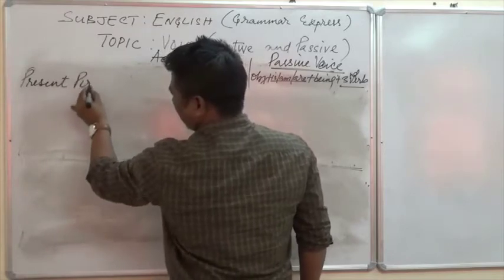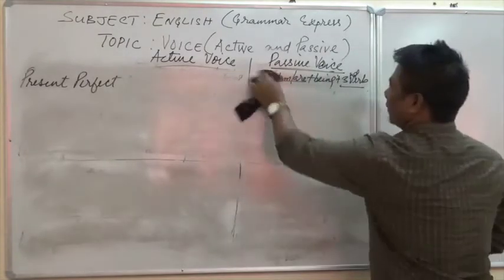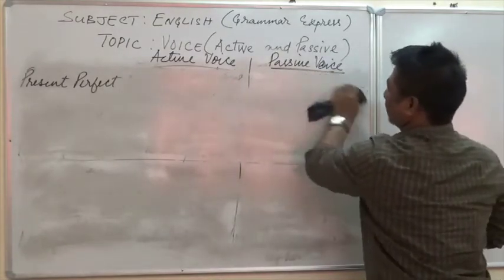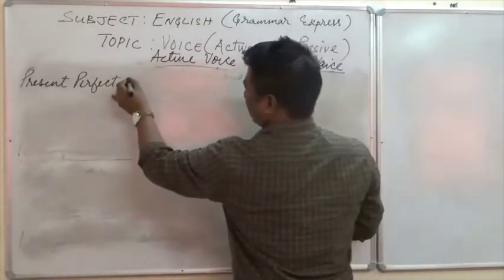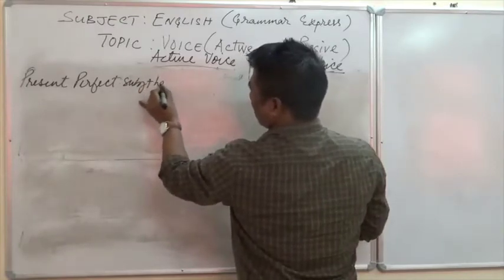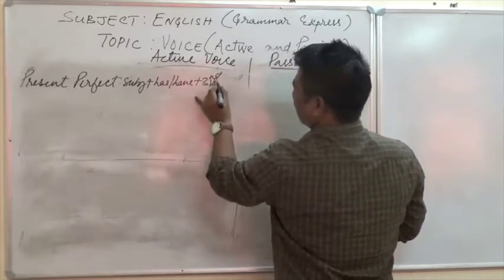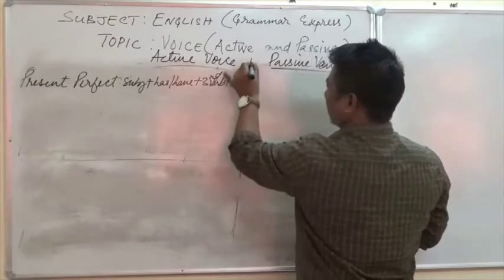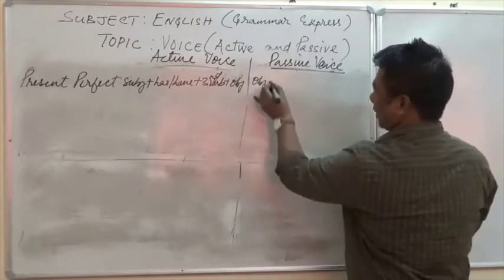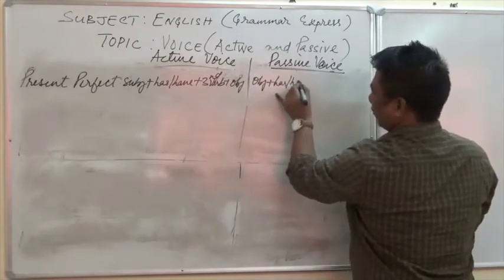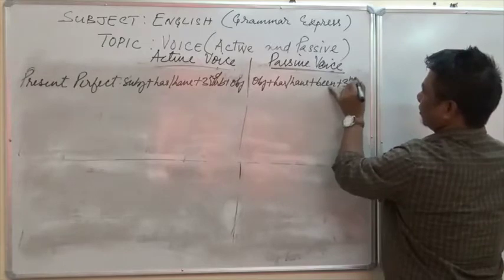The present perfect tense formula: subject plus has/have plus third form of the verb, and then the object. In the passive, the object comes first, then has/have, then been, then the third form of the verb.